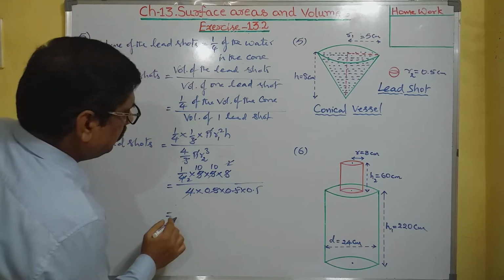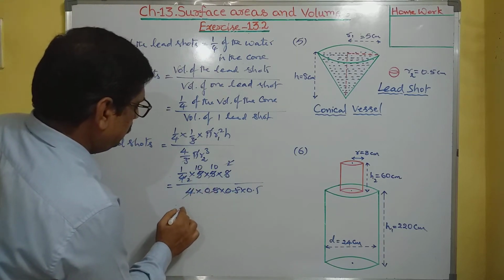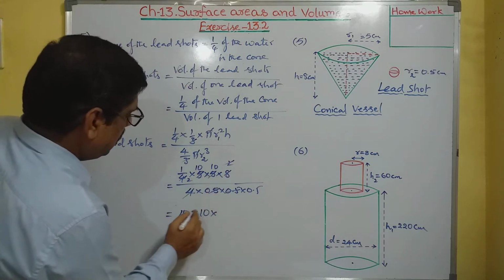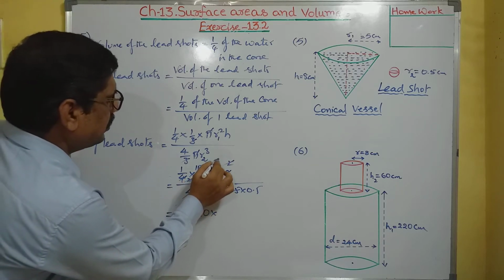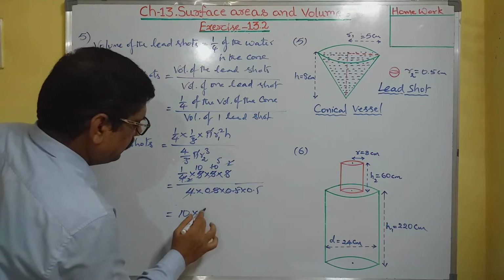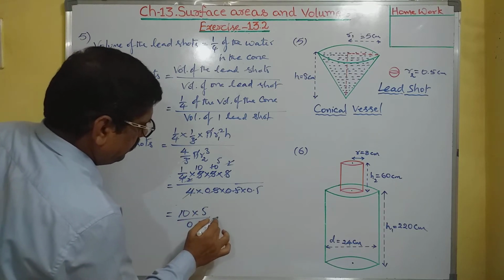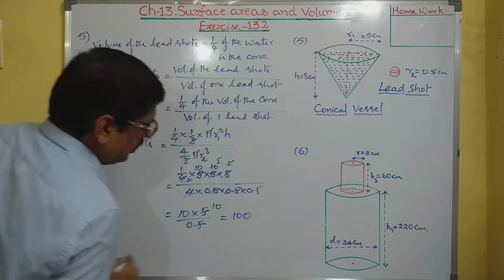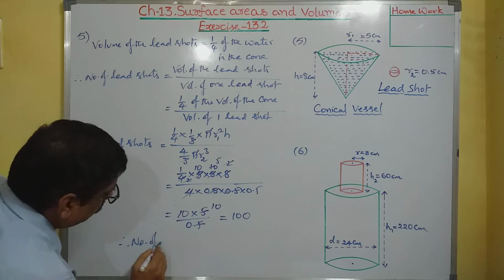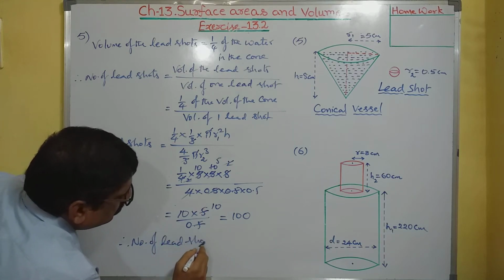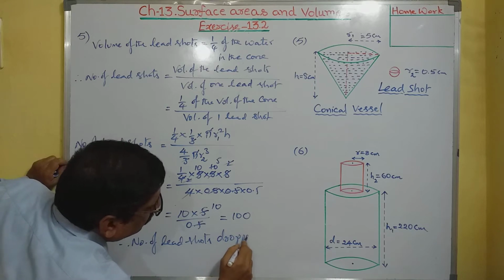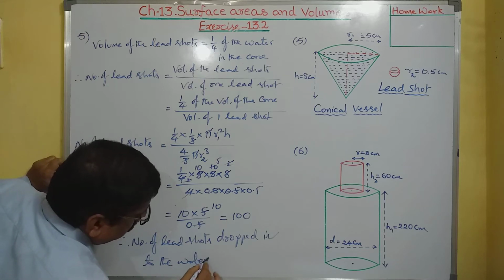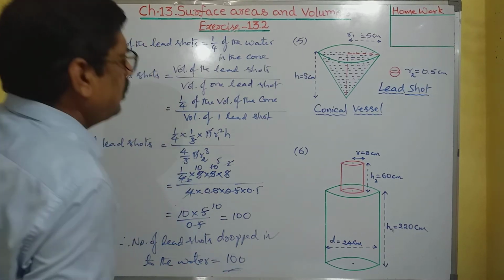We get 10 into 5 by 0.5, so 10 into 10 is 100. Therefore the number of lead shots dropped into the water is equal to 100. Please copy this problem.